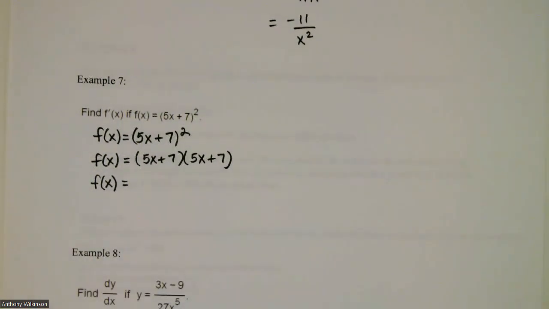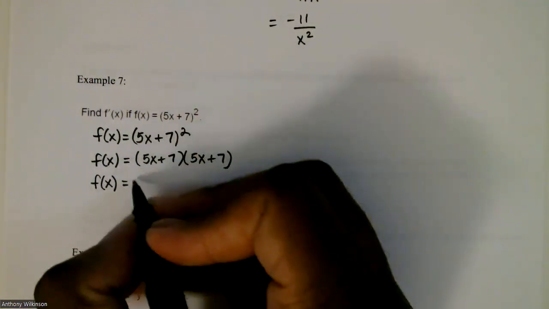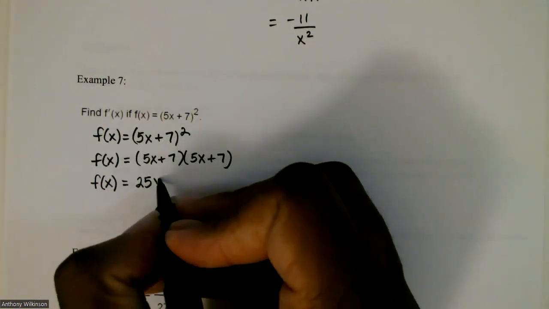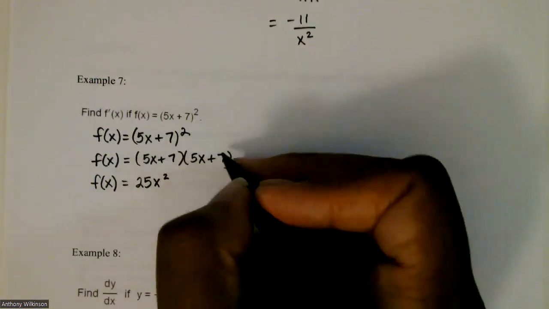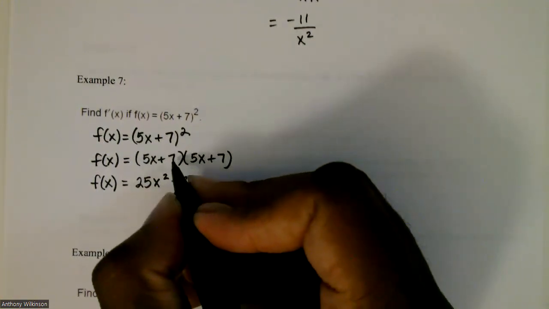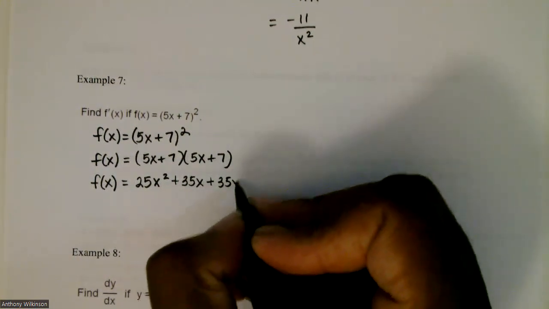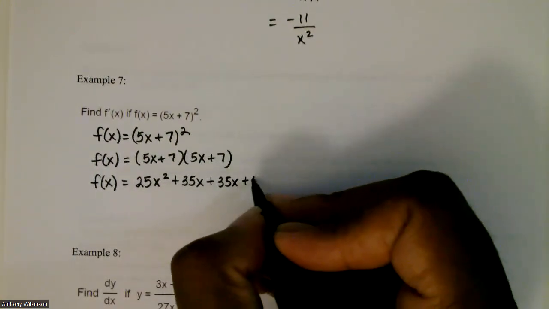And now let's simplify this using the FOIL method. 5x times 5x is 25x squared. The outer 5x times 7 will be plus 35x. The inside 7 times 5x will be plus 35x. And then 7 times 7 will be plus 49.